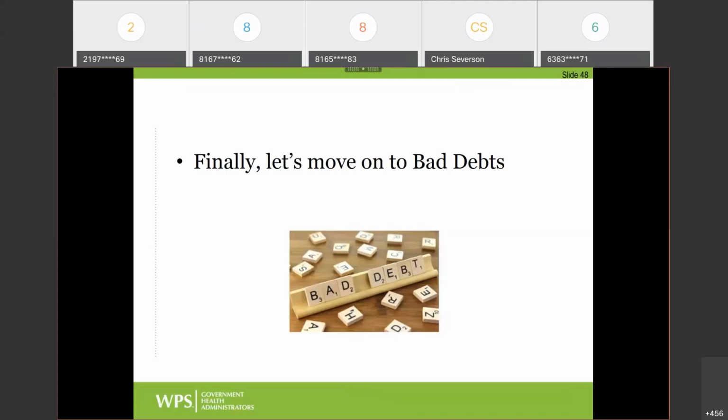It could be allowable as charity, obviously not bad debt though. So if you come across a situation like that, as long as you're able to support why it failed a Medicare bad debt criteria, that's all you would need to do to have it allowed as charity care.